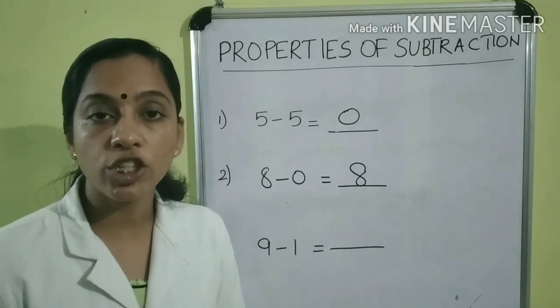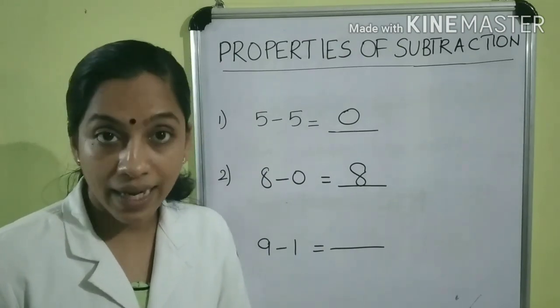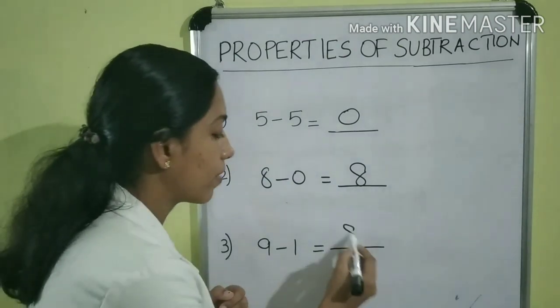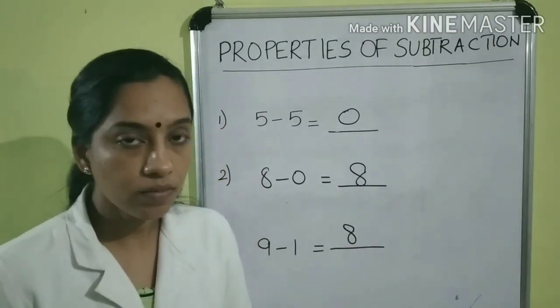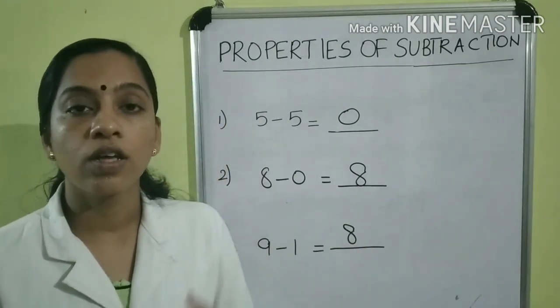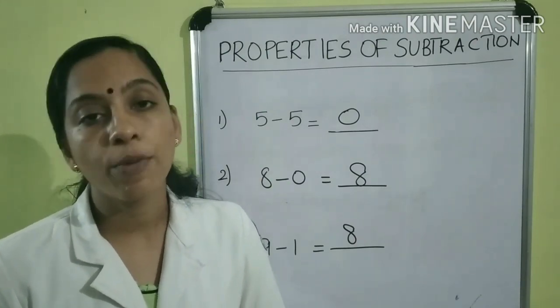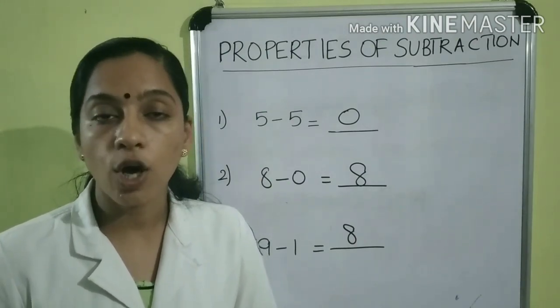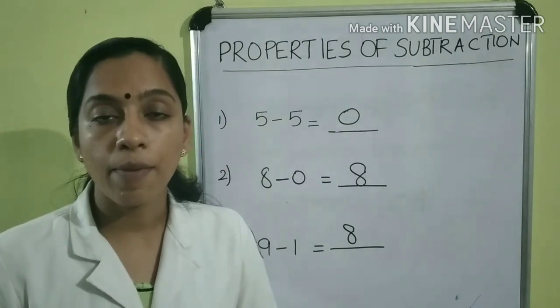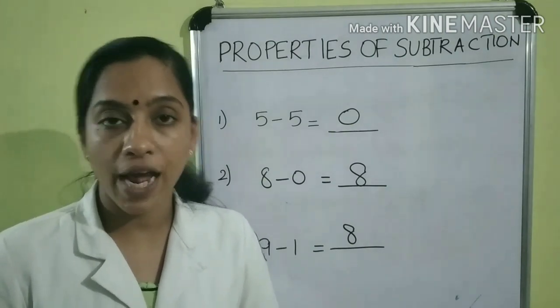Tell me children, which number comes before 9? It's 8. So our answer will be 8. So children, you can solve problems with the help of properties. I hope you have understood about the properties of subtraction.